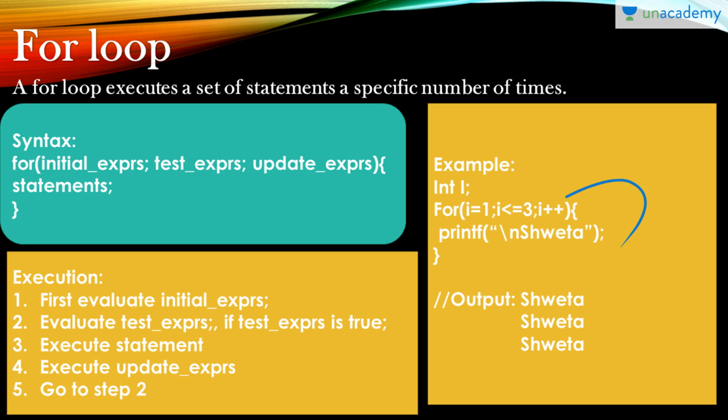Now it will check the condition 3 less than equal to 3, yes, it's true, so it again prints Shweta. Now update again, and when the value of I becomes 4, the execution will break, so it will print Shweta 3 times.